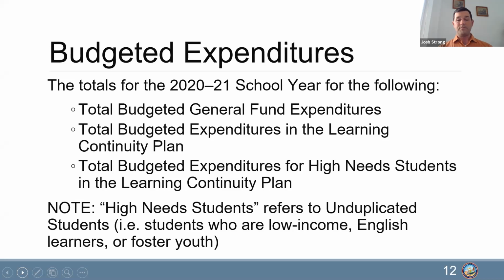So this is what's being done through the actions and services that are increasing or improving services for low-income, foster youth, and English learners that are within the learning continuity plan. Next slide, please.